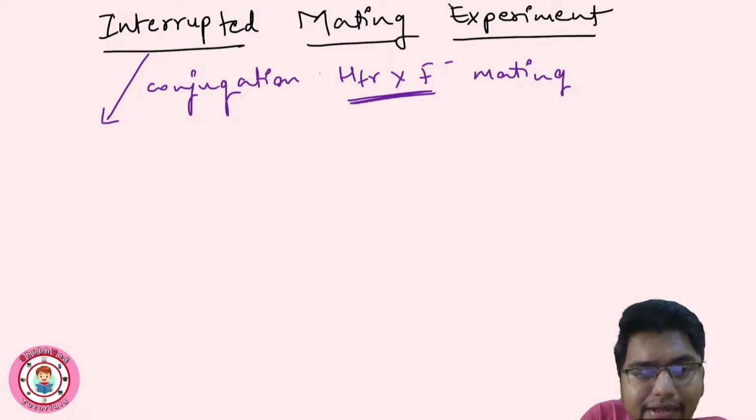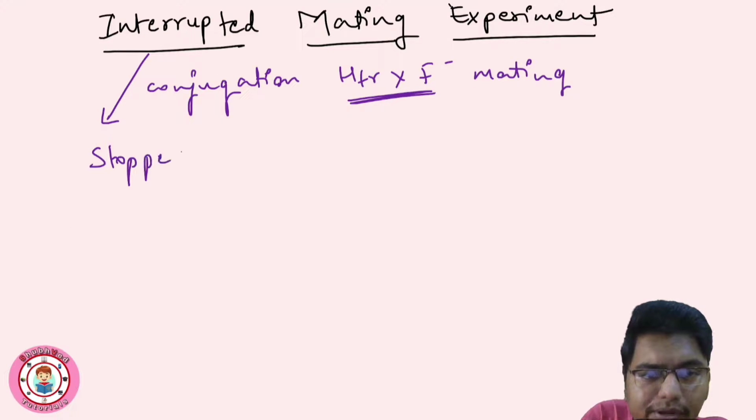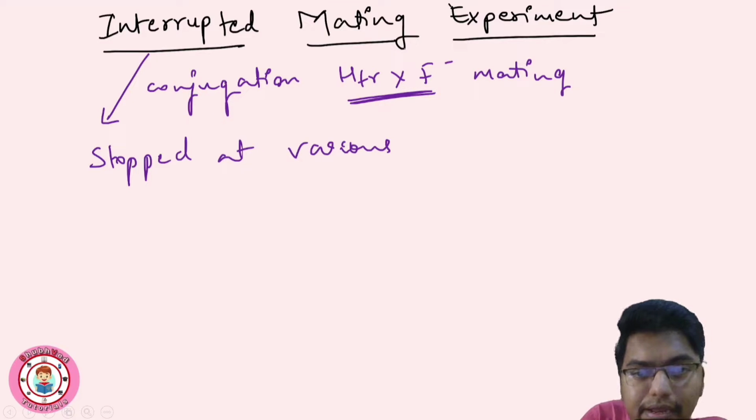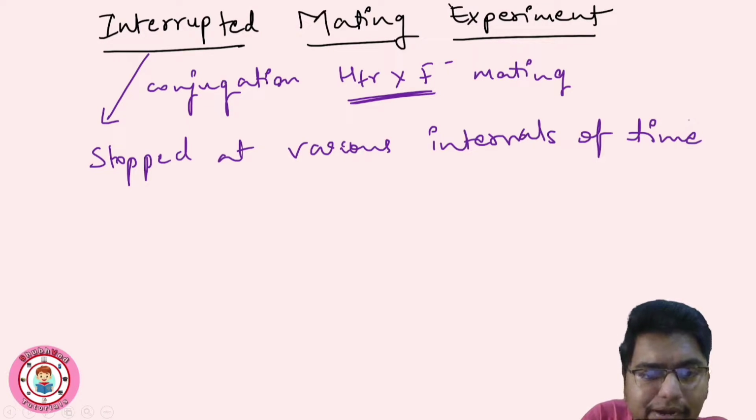Interrupted means this mating is interrupted, stopped at various intervals of time. So this is the interrupted mating experiment.